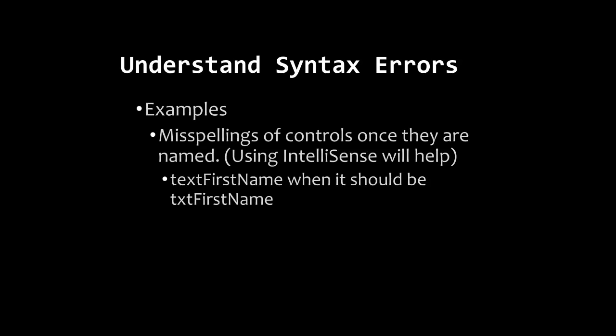So once again, Visual Studio has come a long way to really help us solve our syntax errors as we're writing the program. An example is, you might name something TextFirstName when it should be TxtFirstName. It's just usually fat fingering, no big deal. Just doing something that the language does not understand for the most part.